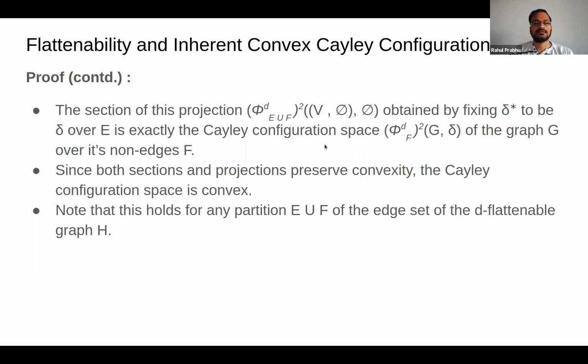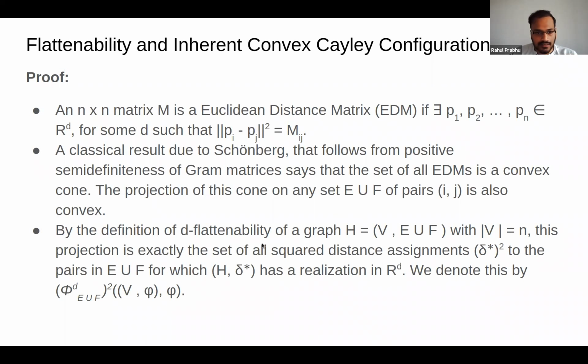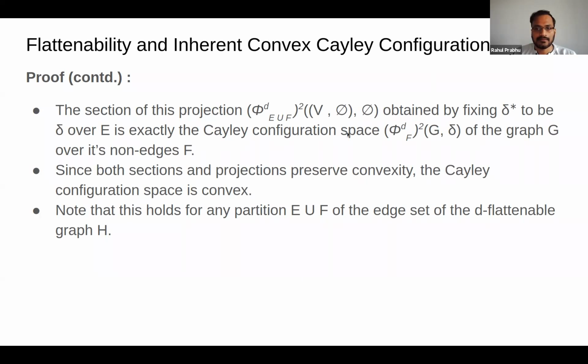And this is exactly the Cayley configuration space of the graph G delta for its non-edges F. Since we only took sections and projections here, and sections and projections of this original cone preserve convexity, the Cayley configuration space that we get here is convex.